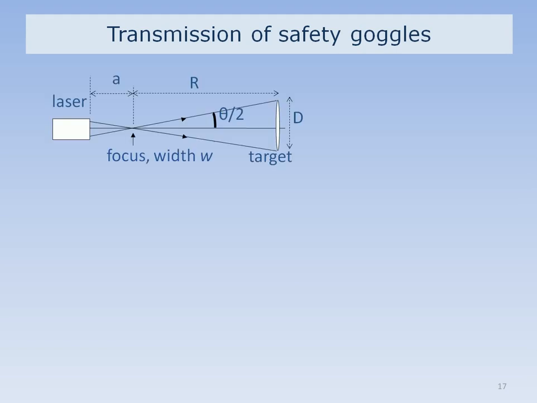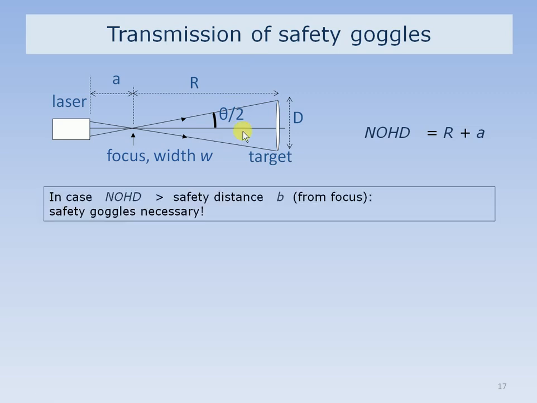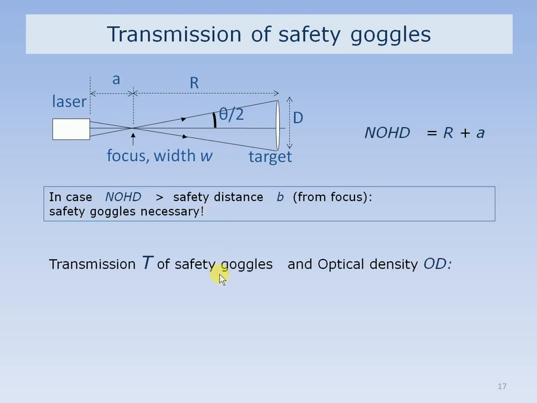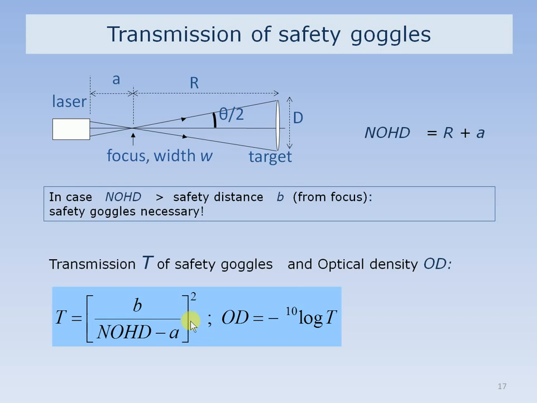The transmission of safety goggles. In case the NOHD is larger than the safety distance from the focus, safety goggles are necessary. The transmission of safety goggles and the optical density are given by the transmission is B squared over NOHD min A squared, and the optical density is minus the logarithm, the 10 logarithm of the transmission.